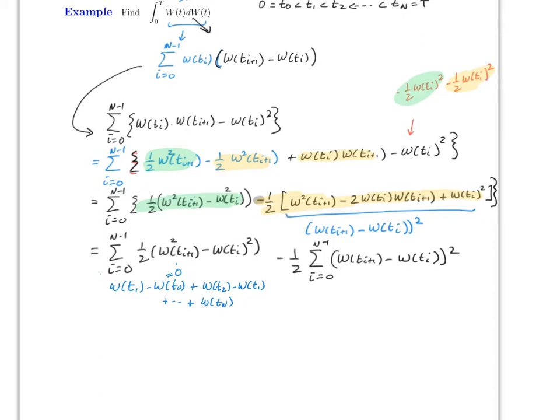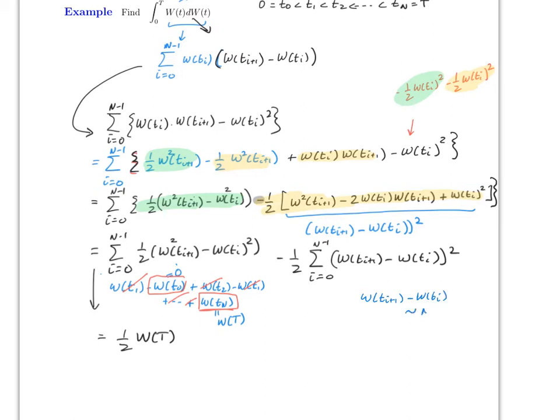But remember, Tn is nothing more than just T. Here, the key is that you can see that this will cancel with this. All of them will cancel except for the one at the beginning. So therefore, the first part is just going to be 1/2 W of capital T squared.